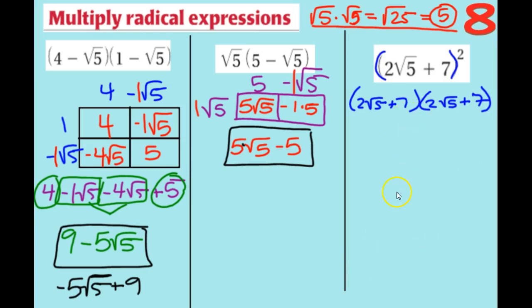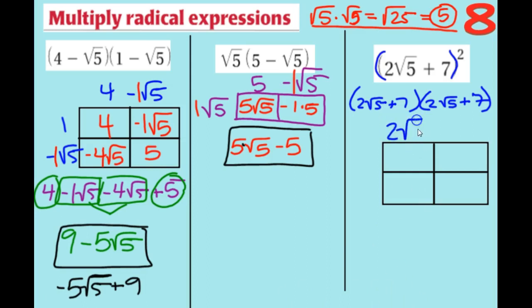So I'm going to draw my box so I can multiply because it's 2 terms by 2 terms. So let's see here. We have 2 square root of 5 plus 7, 2 square root of 5 plus 7. So again, multiply the numbers up front first. 2 times 2 is 4. Square root of 5 times square root of 5, again, we did that right here. It's really just 5.